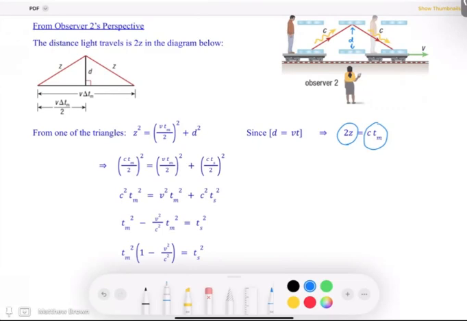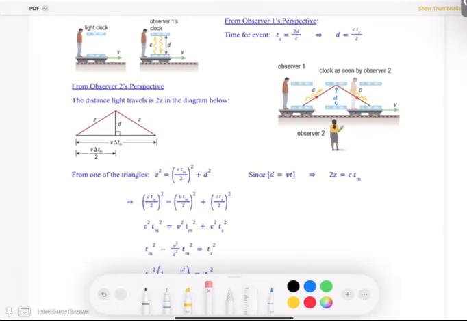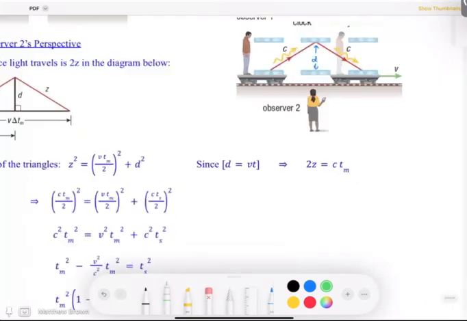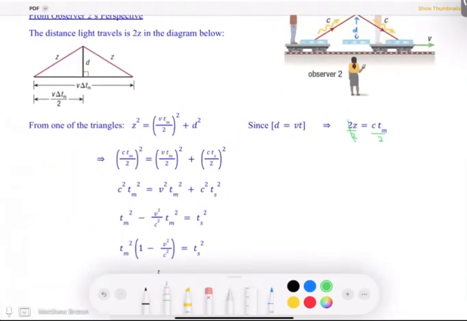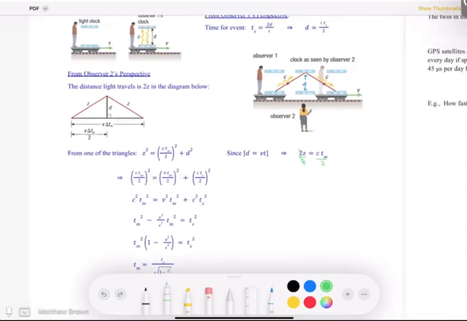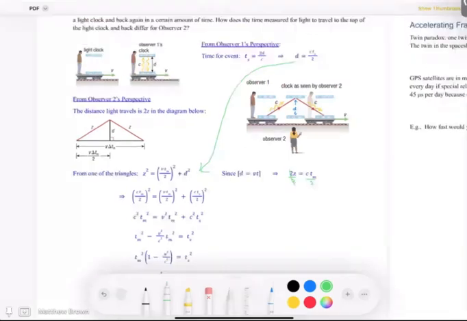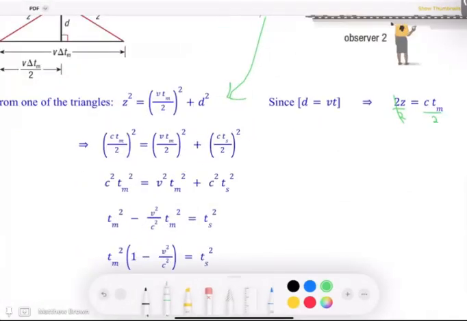But in this case, we'll be sure to include that subscript m because it is the relativistic time. And we'll take that and sub that in for z, or technically, I guess we'll divide both sides by 2. So we get an expression for z, and then we can take that and sub it in here. So that's what's written right underneath that. And then we'll also take this d that we found up there and sub that in here. All right. So that becomes c t_s over 2.